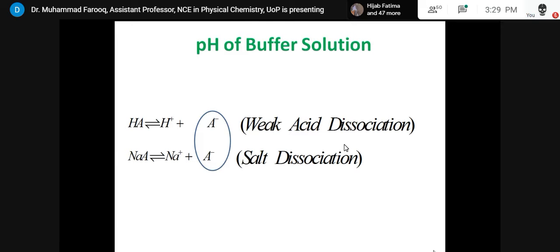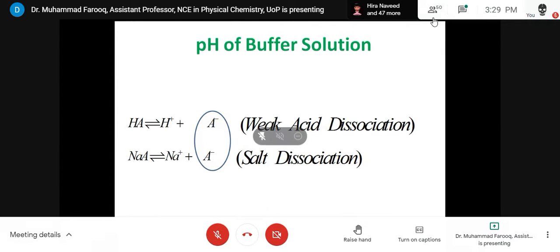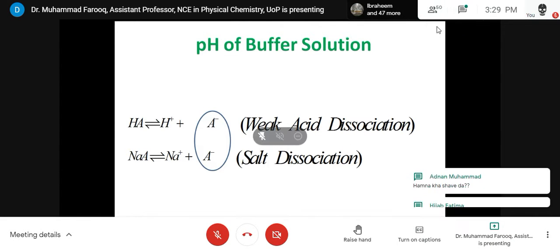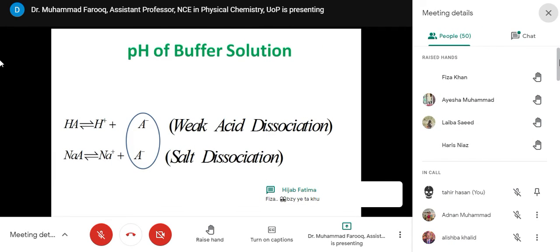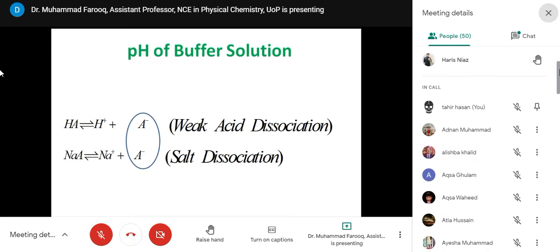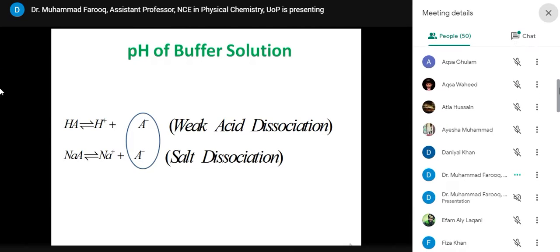So the concentration of A negative is almost equal to the concentration of the salt, which means the contribution of A negative from the weak acid is almost negligible. Is this clear?